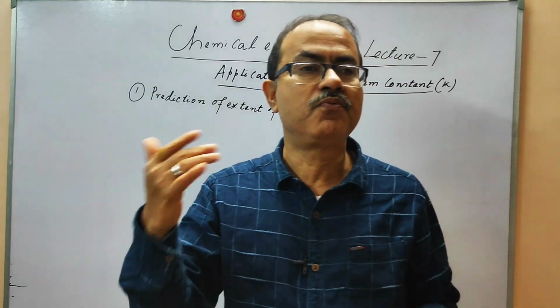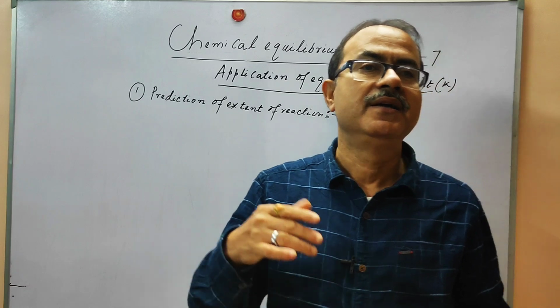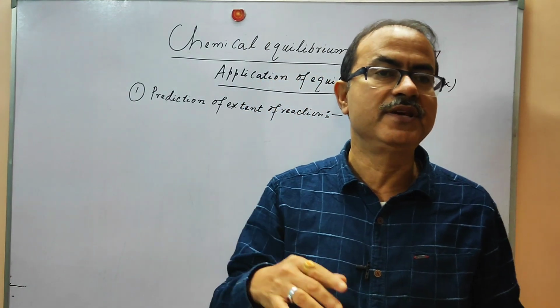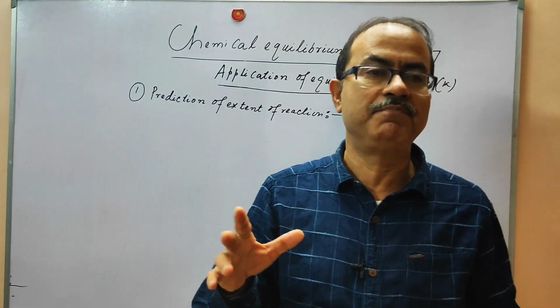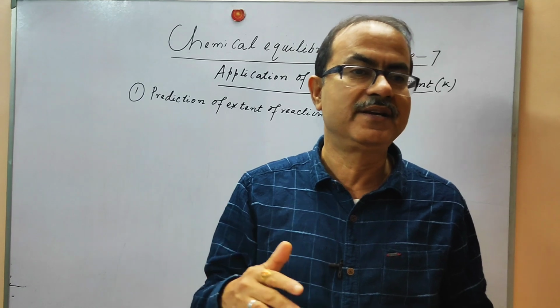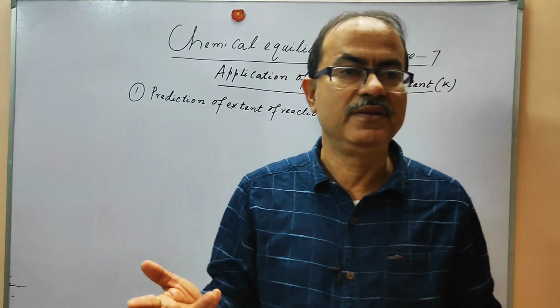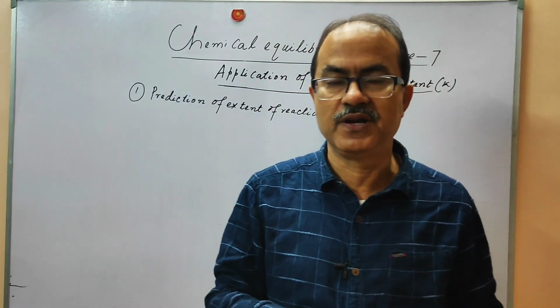When the concentration of product is much higher than reactant, we say the reaction has been completed. When it is 50-50, the reaction has not been completed, but there is an appreciable amount of both. And last, the reactant has not been converted into the product very much, that is, very little reactant has been converted into the product.